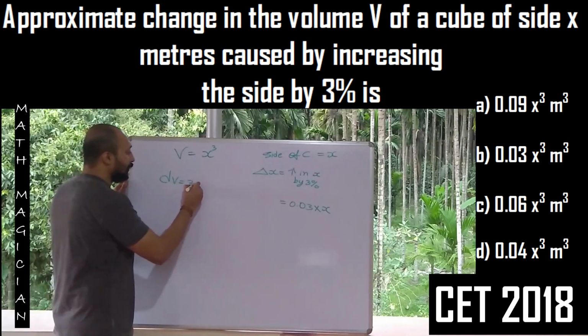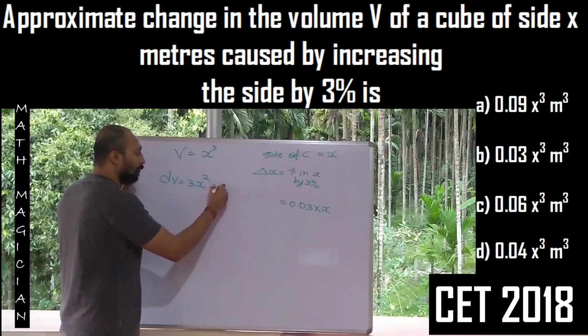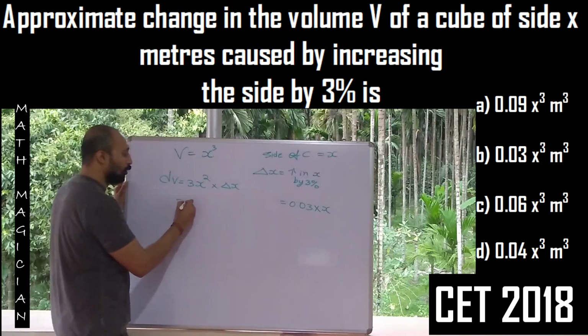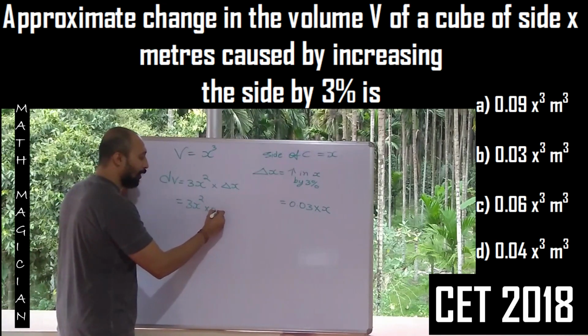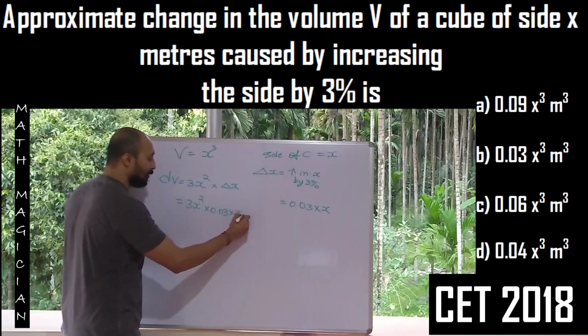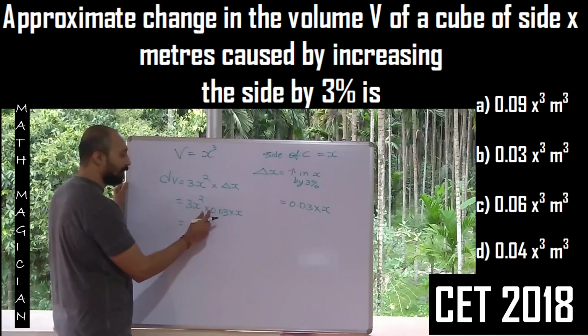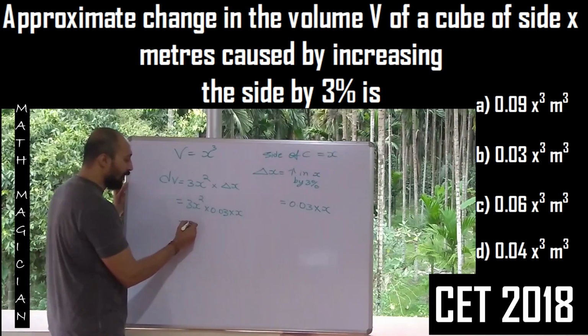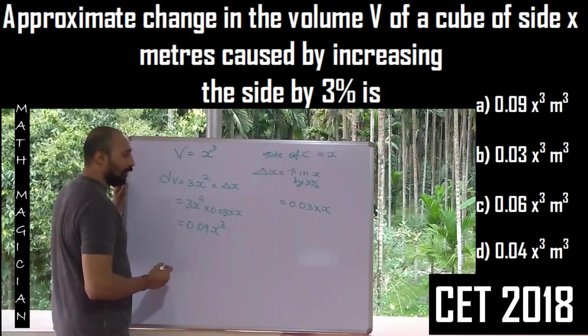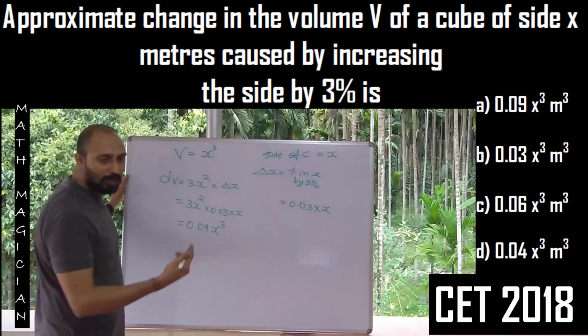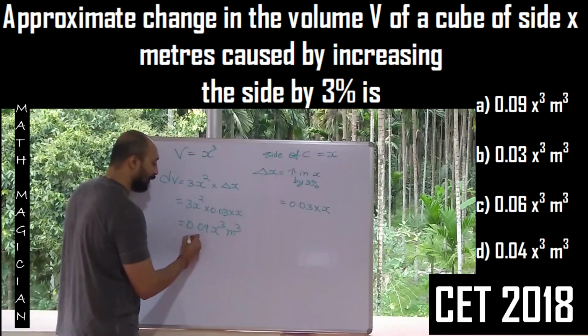So it will become 3x square into delta x. So 3x square, and what is delta x here? 0.03 into x. So it is x square, 0.03 into 3 is 0.09, and this will become x cube, and this is in meters, I suppose. Yeah, so there will be meter cube coming there.